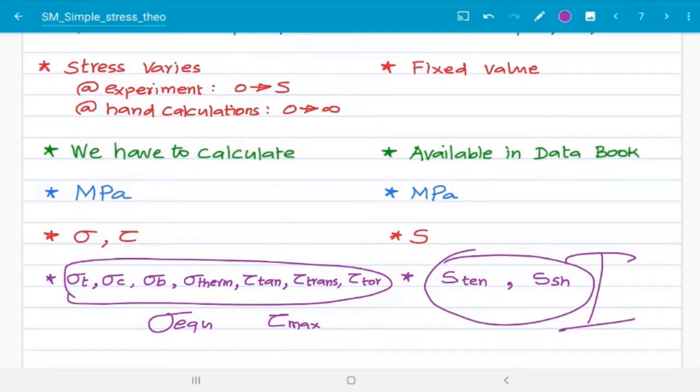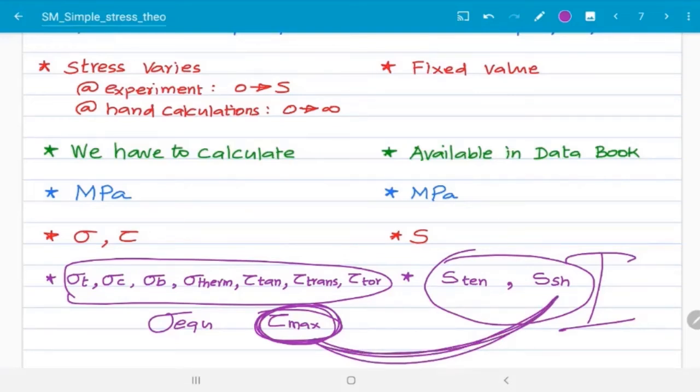Where do you have to calculate the tau max? Inside the material, right? So the internally calculated tau max should be compared with the shear strength.